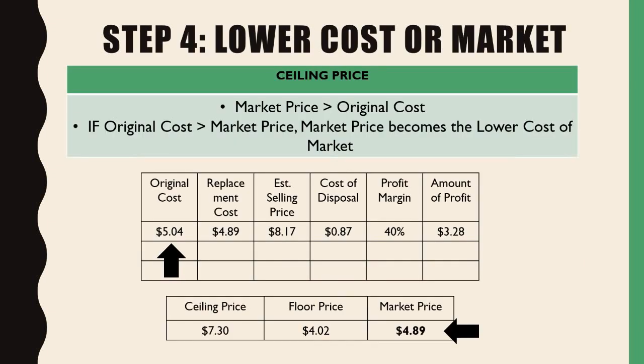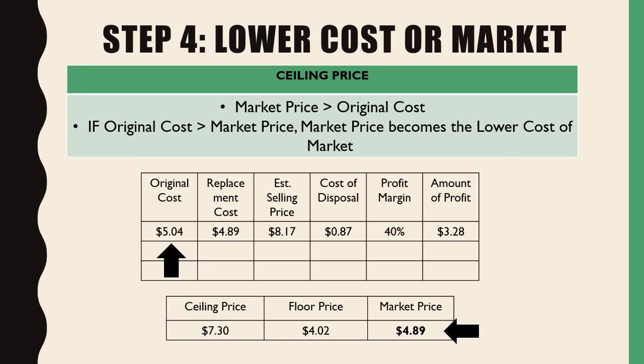So then, last but not least, step number 4 is to determine the lower value. You're just going to answer the question: which one is lower, your original cost or your market cost? In this case, we're going to take my $5.02 and compare it to $4.89.